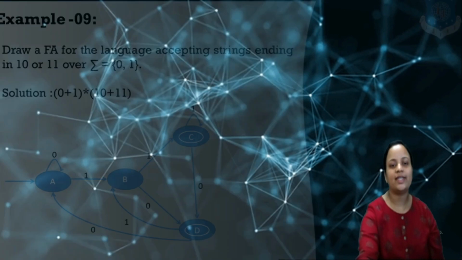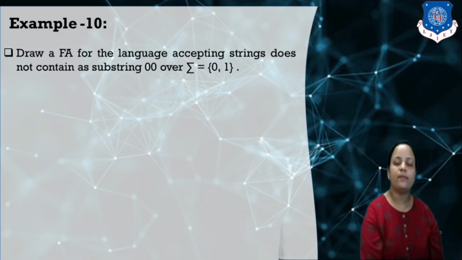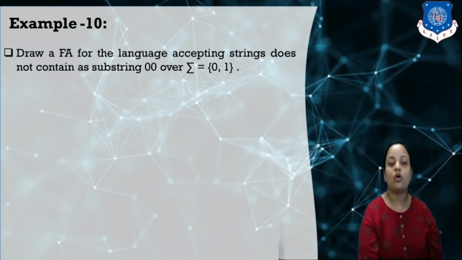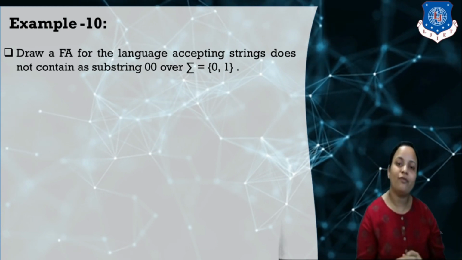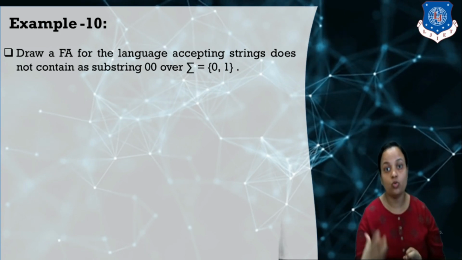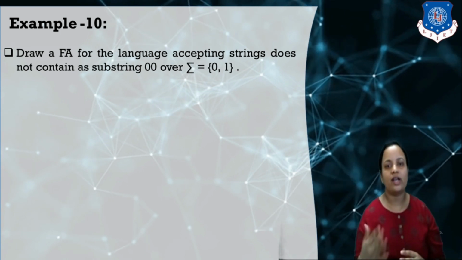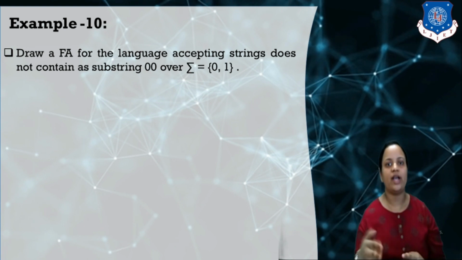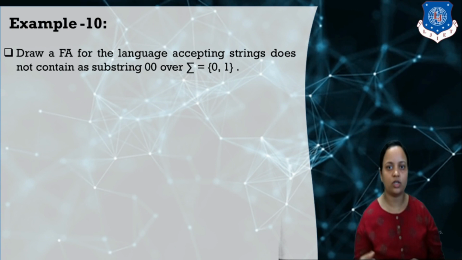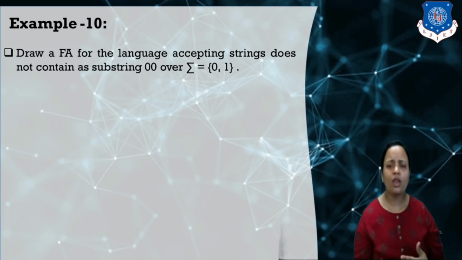Now next example: suppose we want to draw the FA for strings which do not contain 00 as a substring. This kind of example, where the statement contains the words do not, like do not end with 10, do not end with 1, do not contain substring 00, how are we going to construct the DFA?